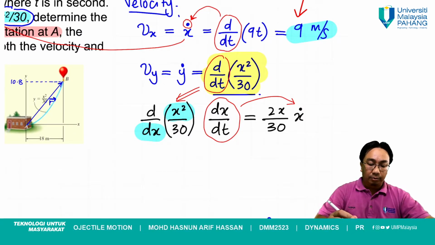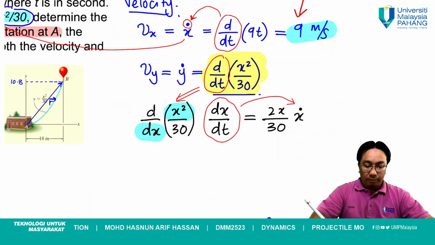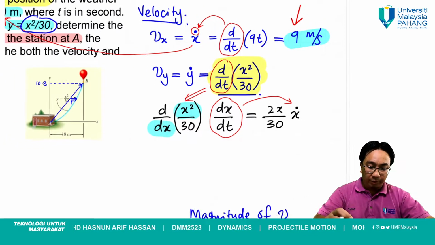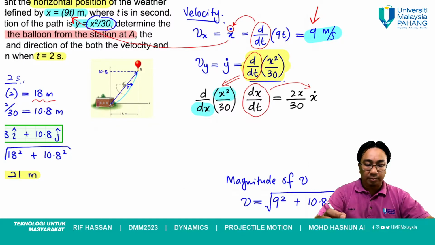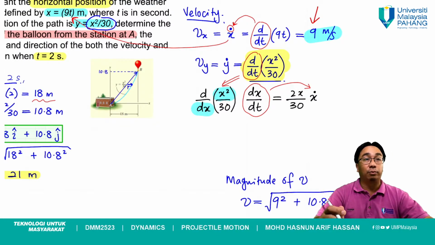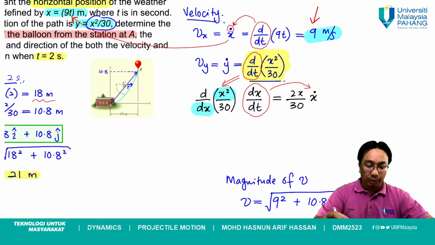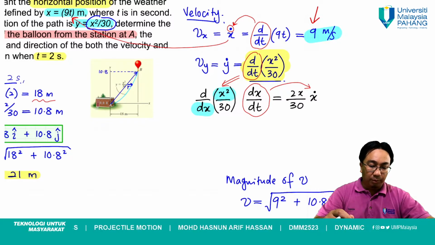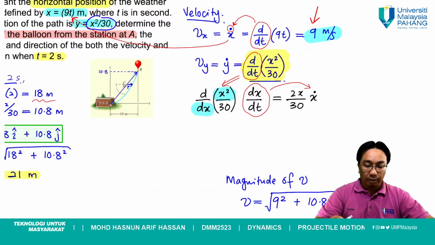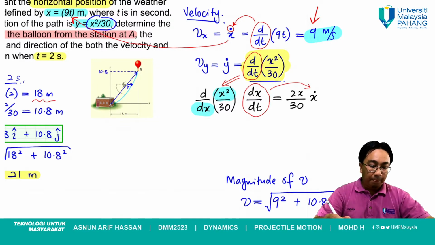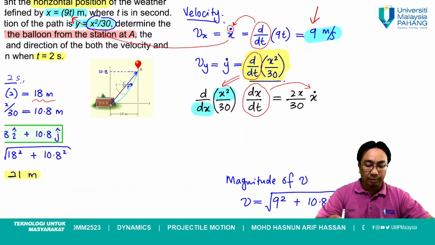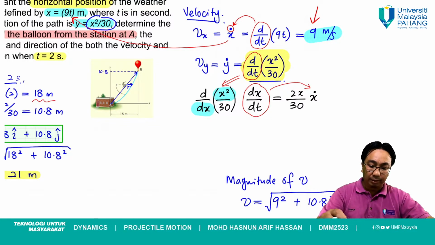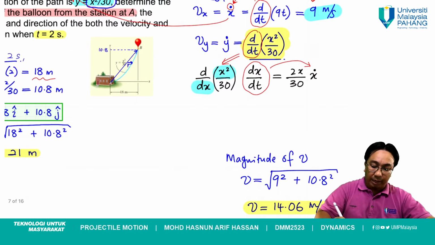So from here what you have is 2x times x dot over 30 lah. So this is what we have from last week, and then we can proceed with the calculation to substitute the value of x dot equal to 9 and the value of x when t is equal to 2 seconds. So in the end we will get the answer of 10.8.